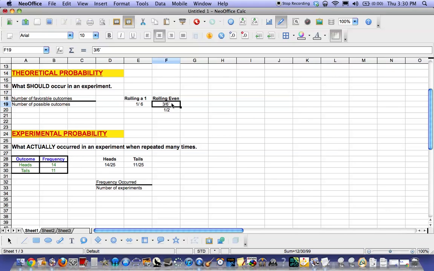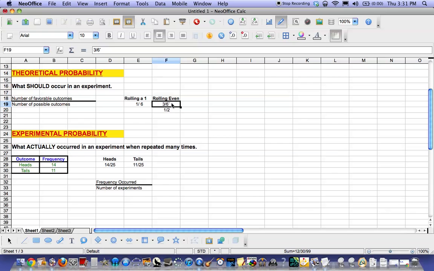That is the theoretical probability. The assumption with theoretical probability is given the number of sides and given the number of favorable outcomes, theoretically, you should roll an even number roughly every other turn, so every 1 out of 2 chances. The experimental probability is what actually happened.